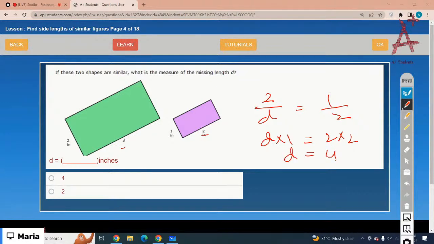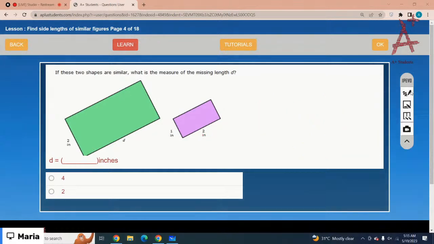That means the value of d equals 4. The correct option is d equals 4.